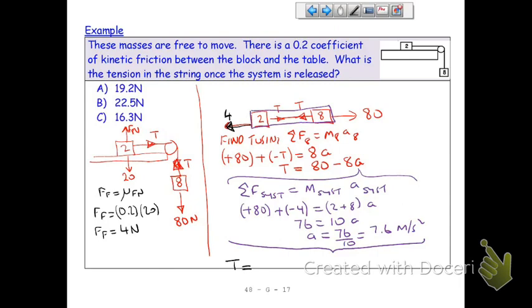T is equal to 80 minus 8 times 7.6, which equals 80 minus bracket 8 times 7.6 close brackets, which is equal to 19.2. There we have it.